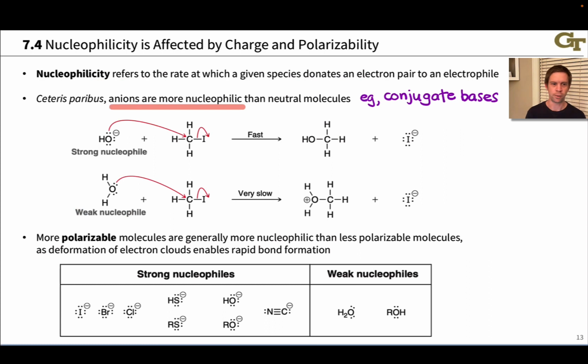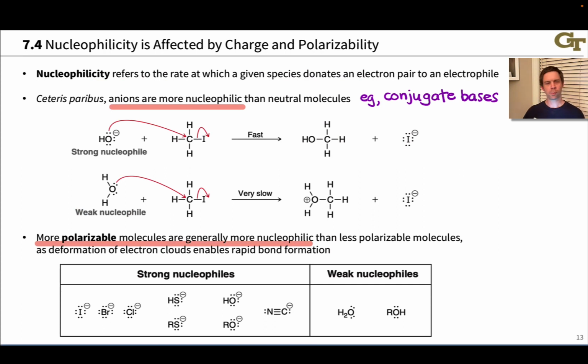The second point here about polarizability can cut against your expectations based on electronegativity in some cases. The idea here is that more polarizable molecules are generally more nucleophilic than less polarizable molecules, again, most other things being equal. Polarizable here refers to the ability of the electron cloud of the nucleophile to deform.